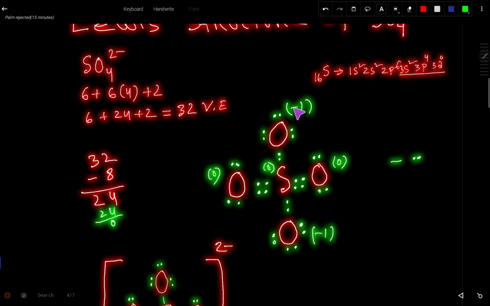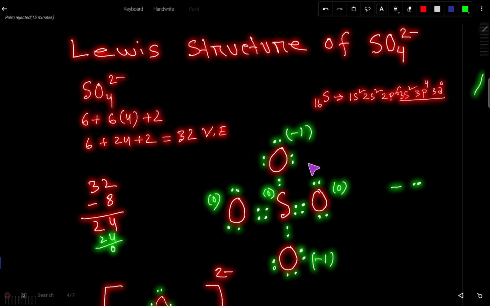So if you add, the sulfate ion has 2 minus, so this is logical, right? Sulfur now has 2, 4, 6, 8, 10, 12, and -1, that is -2. So you can say that this is the stable Lewis structure of SO4.